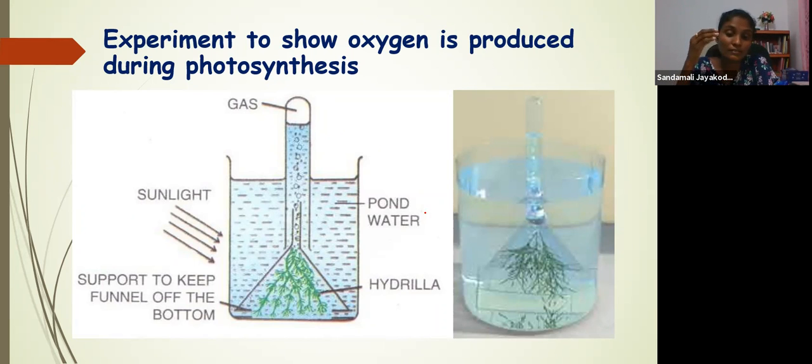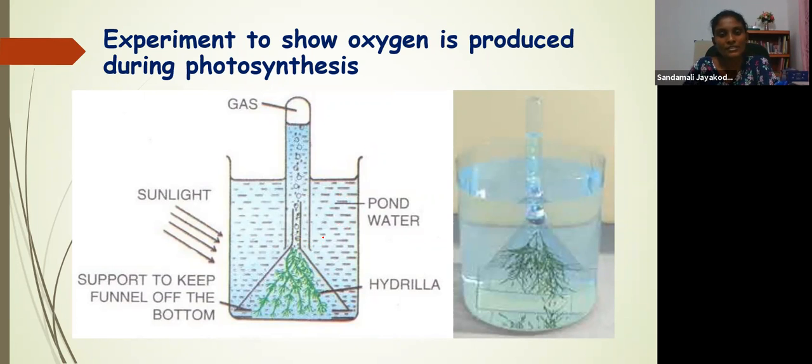We keep that aquatic plant in a glass funnel. We take a glass funnel and put the hydrilla or vallisneria in it, and we take another beaker which is filled with water.